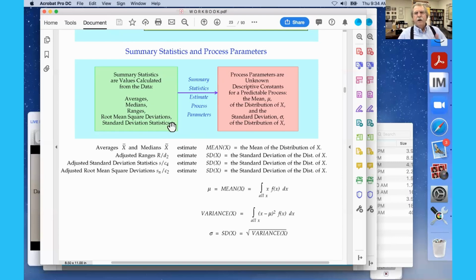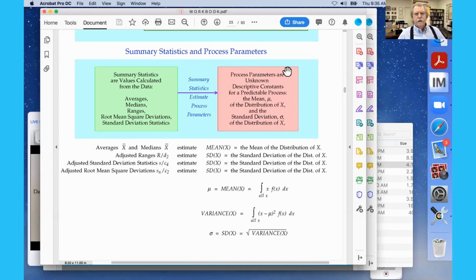Data plus arithmetic equals statistic. So the convention in most books is to use Roman letters for statistics: X bar, X tilde for the average or median, R bar or R for the range, and so on.